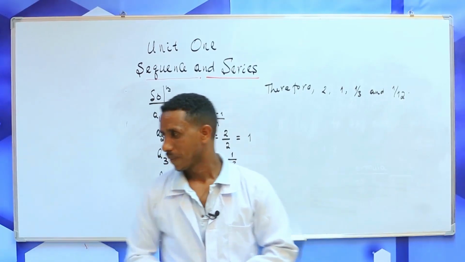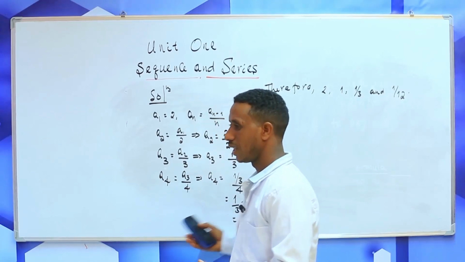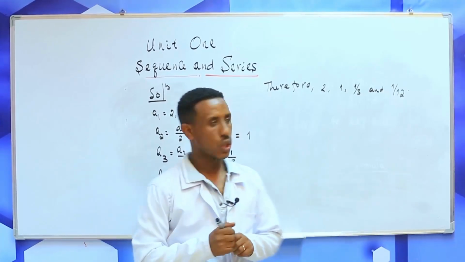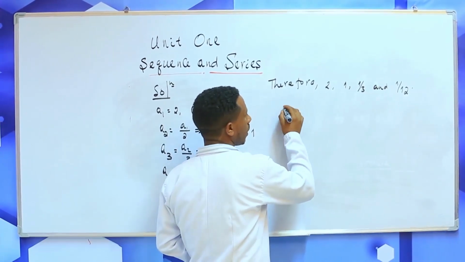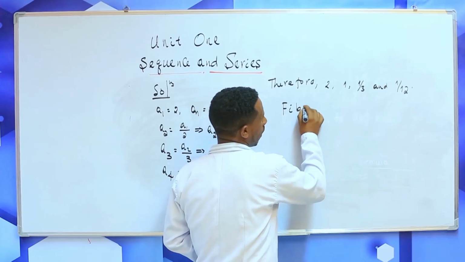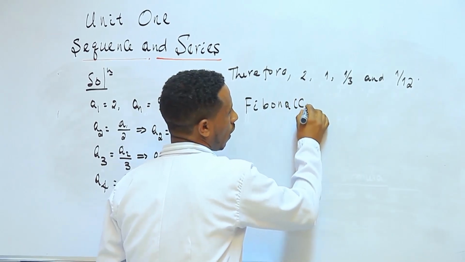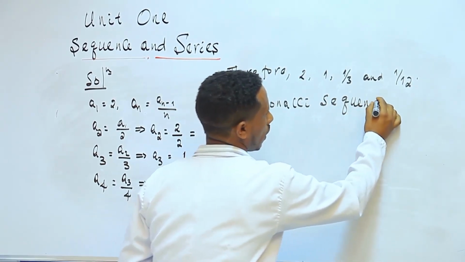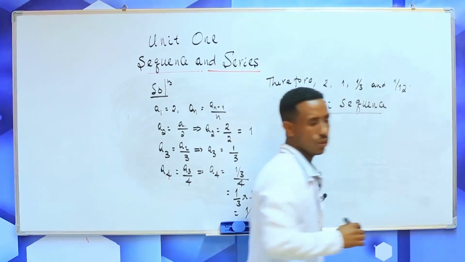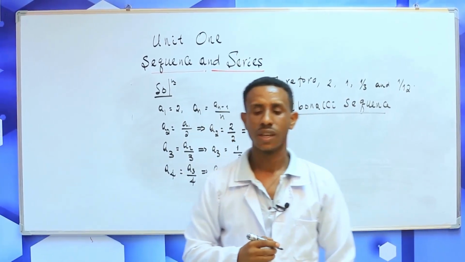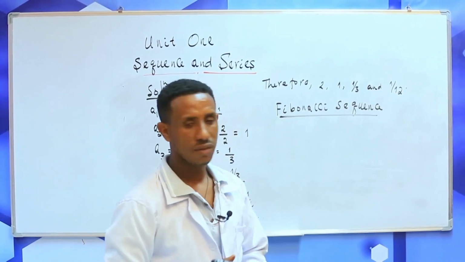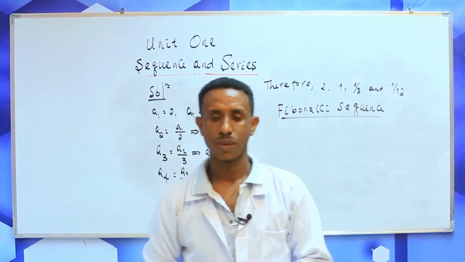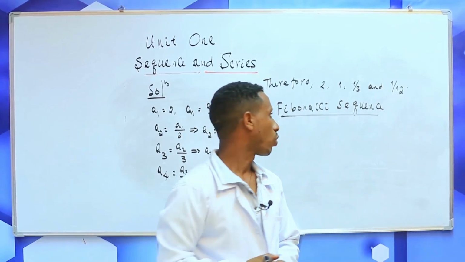Let's also see a very interesting sequence of numbers. That is the Fibonacci sequence. This sequence is a very special sequence, and its name is given in honor of the very famous Italian mathematician Leonardo Fibonacci.